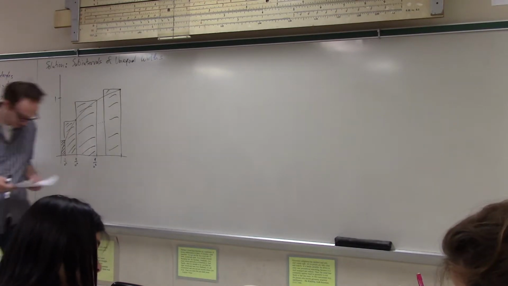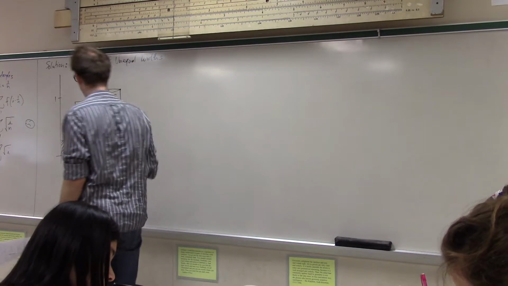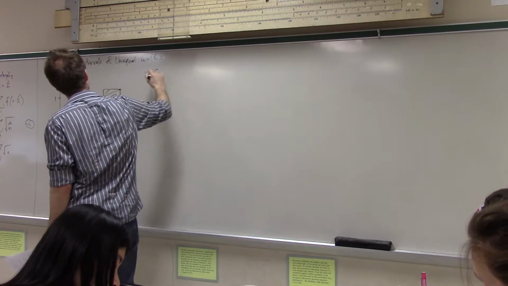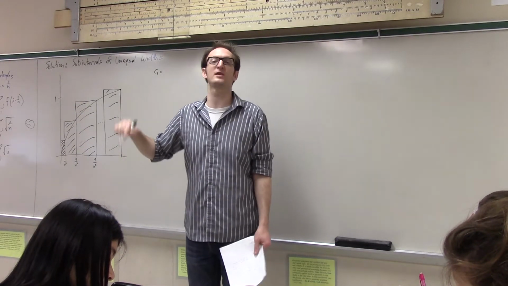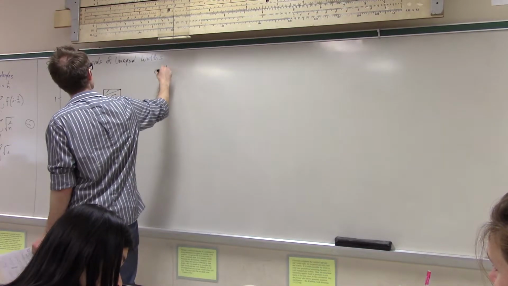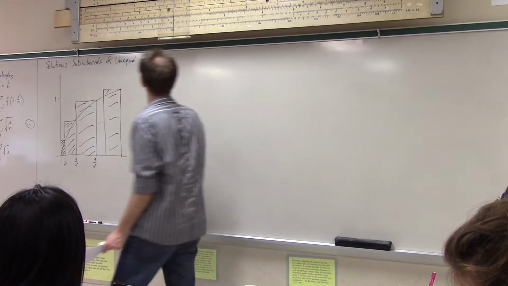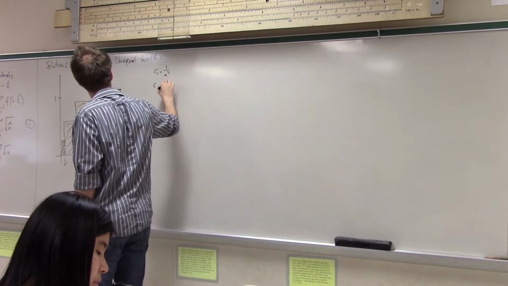Let me introduce a new notation, which our book uses. Let C sub 1 be the right endpoint of the first subinterval. In other words, C sub 1 is 1 over n squared. So what's C sub 2? 4 over n squared.